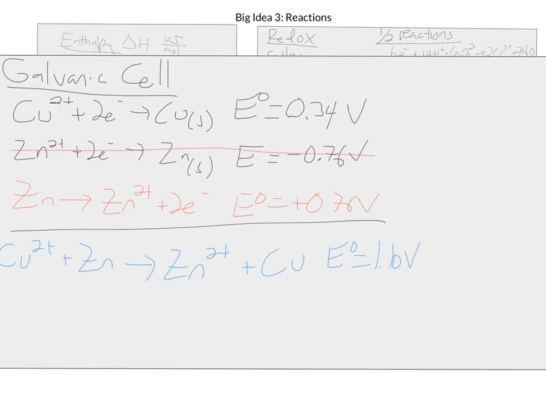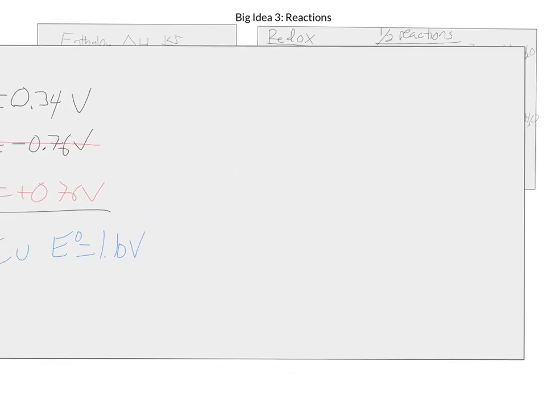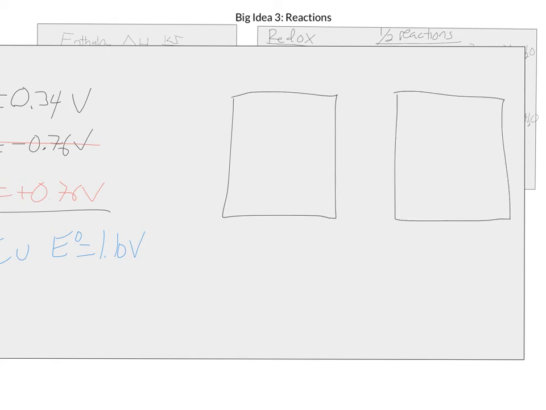Along with that, we want to be able to draw the battery for this cell. So if we had our solutions, let's make the zinc over here, and the zinc ions are in solution.